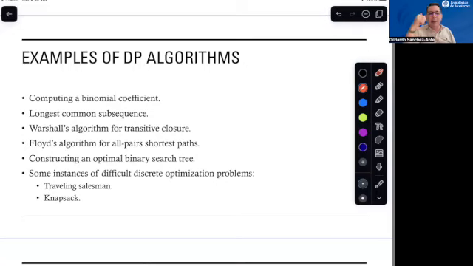For instance, computing the binomial coefficient, computing the longest common subsequence in a string, implementing Warshall's algorithm for transitive closure in graphs, Floyd's algorithm for all pairs shortest paths, also constructing an optimal binary search tree, and some instances of complex discrete optimization problems, such as the traveling salesman problem and the knapsack problem, that we will see both. Well, we will see several of these actually later on in the class.